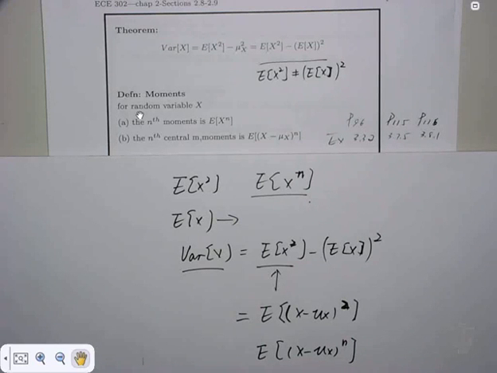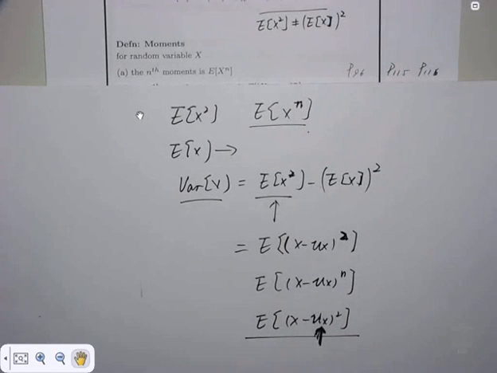Why is it called a central moment? Because we are viewing this expected value as a central point, right?